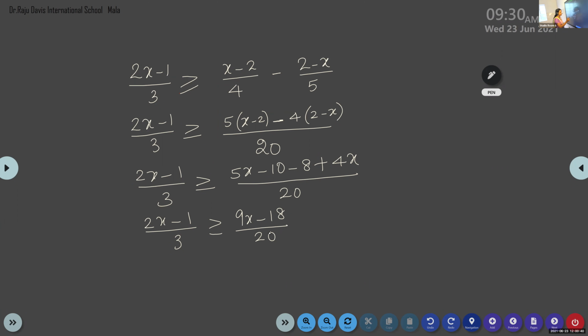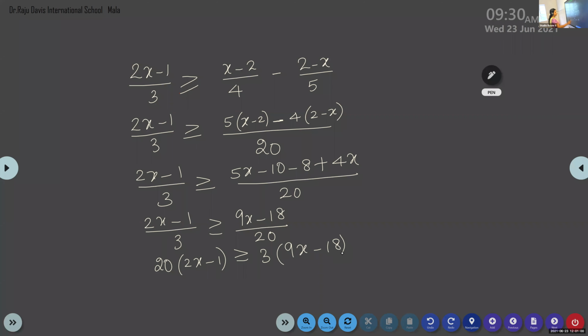Now once again you cross multiply. So when you cross multiply it, 20 into (2x minus 1) is greater than or equal to 3 into (9x minus 18).